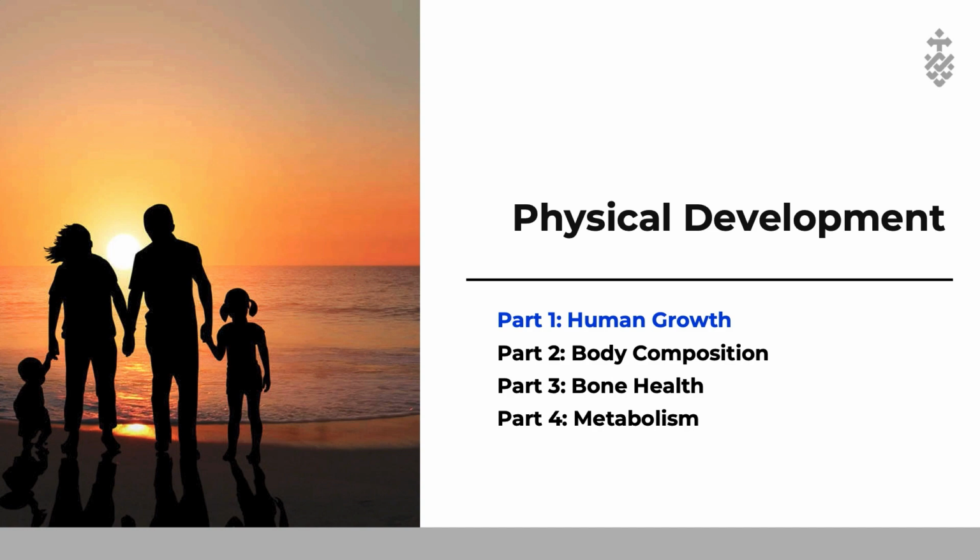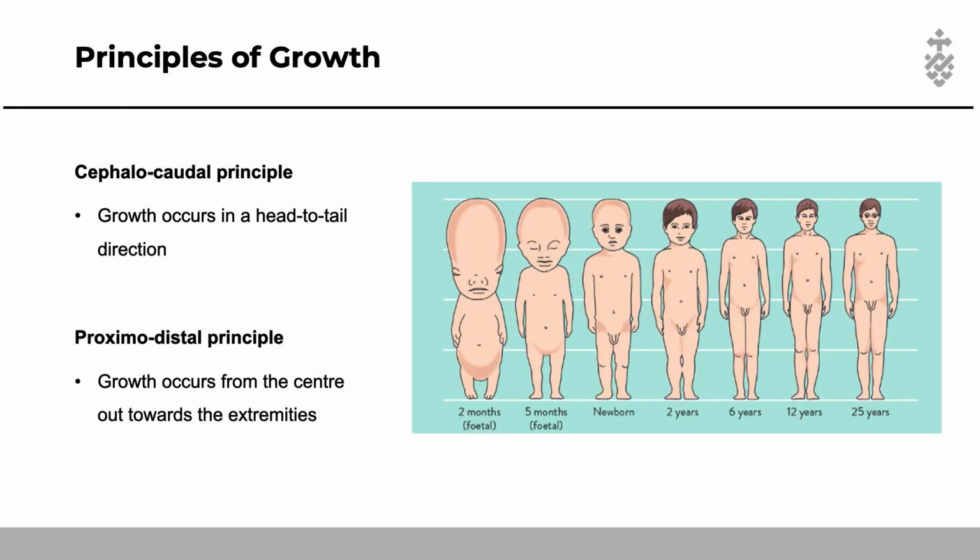Now there's 2 principles of human growth, and those are the cephalocaudal principle and the proximodistal principle. So across developmental stages, our growth occurs in different directions. This cephalocaudal principle is head to toe, and then proximodistal says midline to periphery.